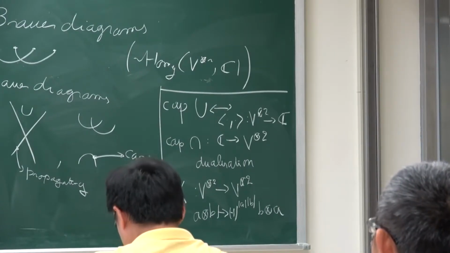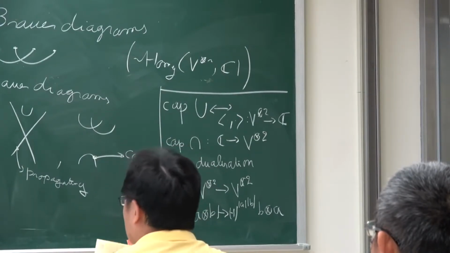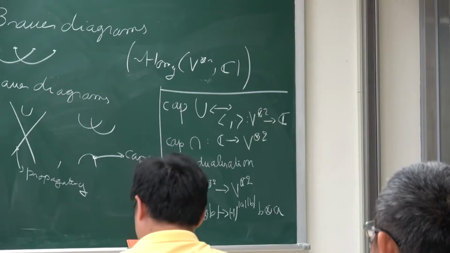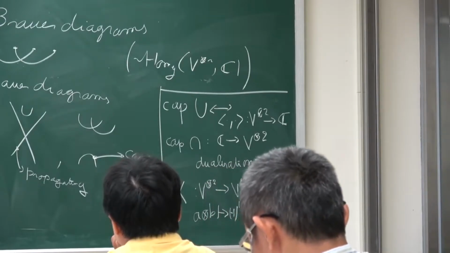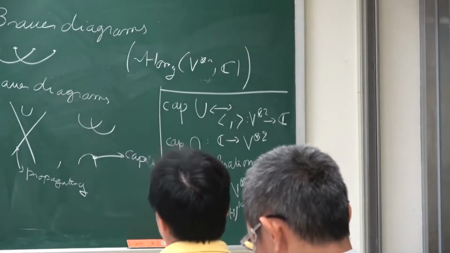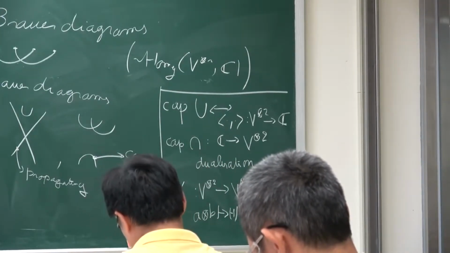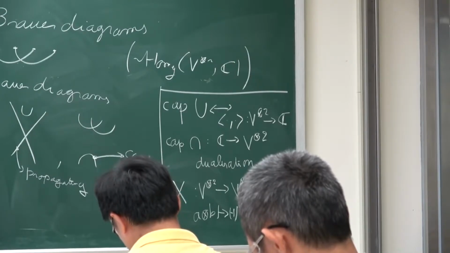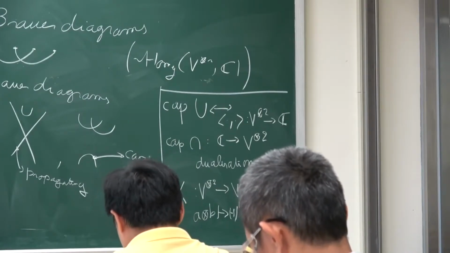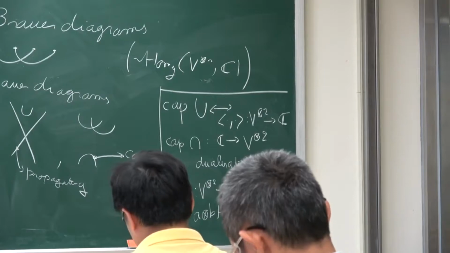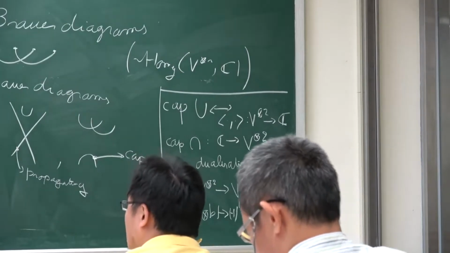So the question is how to compose morphisms in this category. Morphisms are given by diagrams like that. Now I should explain how they should be composed. Since the morphism spaces have a basis by diagrams, it's enough to define how I should multiply two diagrams.